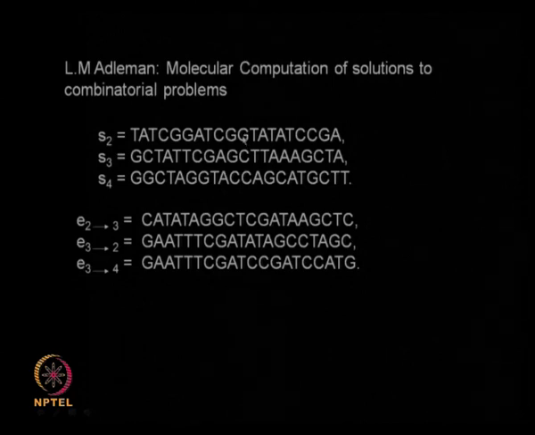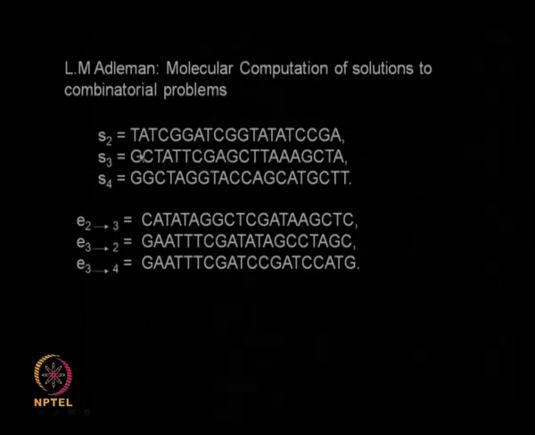For G the complement is C, for T it is A, for A it is T, and so you see that the first portion of the edge is the complement of this portion, whereas the second portion is the complement of the first portion of this, G C T A, complement should be C G A T.